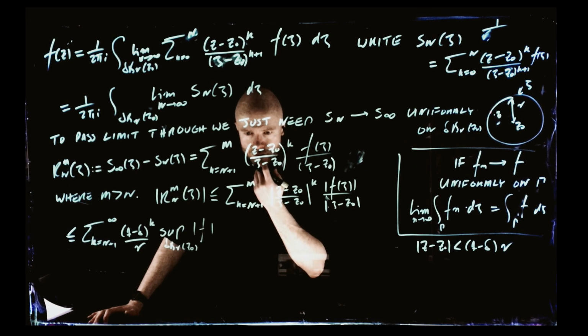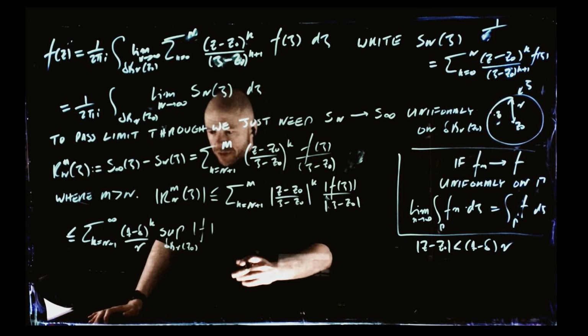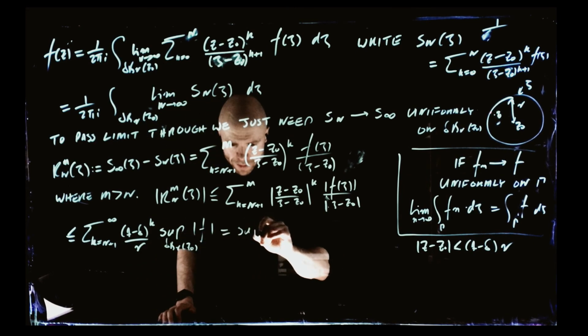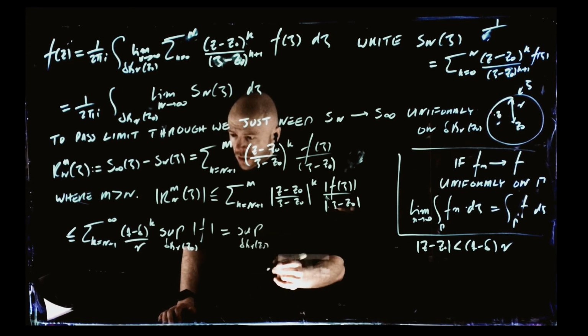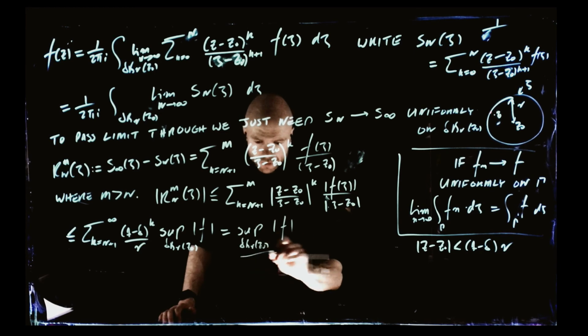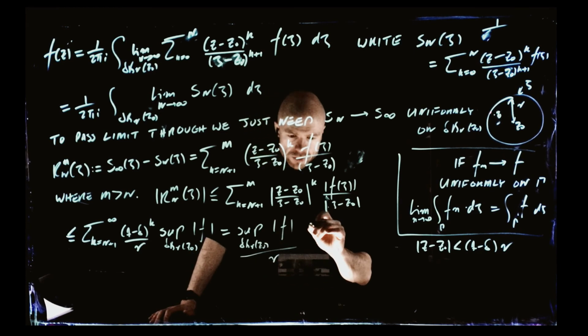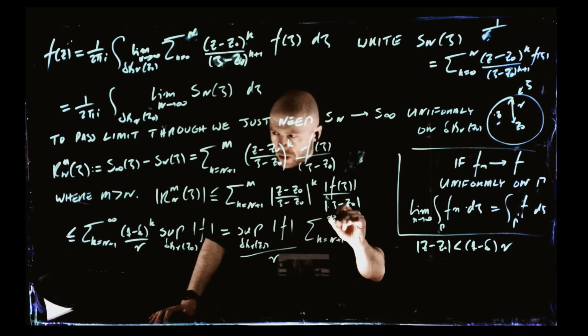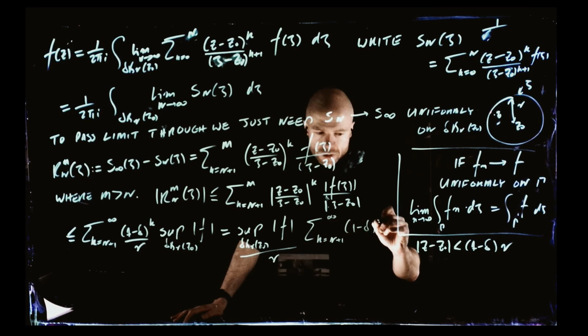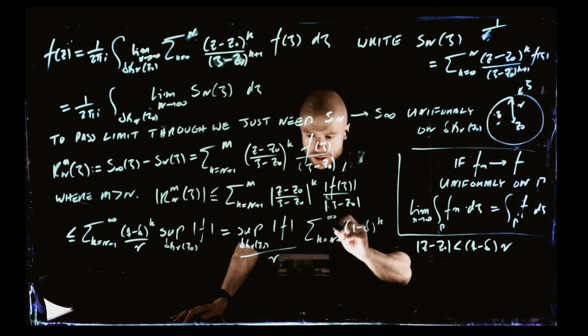Everybody with me? So you can just pull out this thing and this thing. Then we have the supremum over the boundary of the ball z0 of f, divided by r. And then we have the sum from k equals n plus 1 to infinity of (1 minus delta) to the k. And what's this thing?